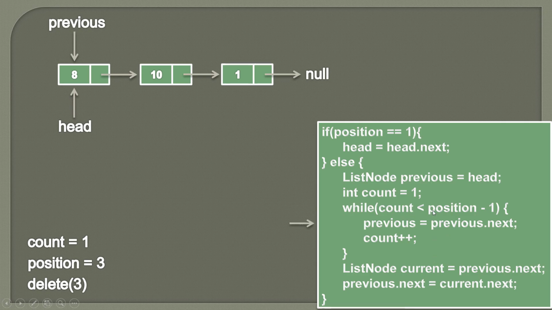And inside this while loop, we simply traverse previous to its next node by assigning previous.next to previous. So previous is pointing to this node and its next is pointing to this node. After this assignment, previous will point to the second node via this link.